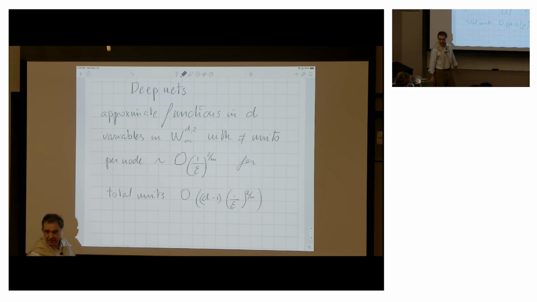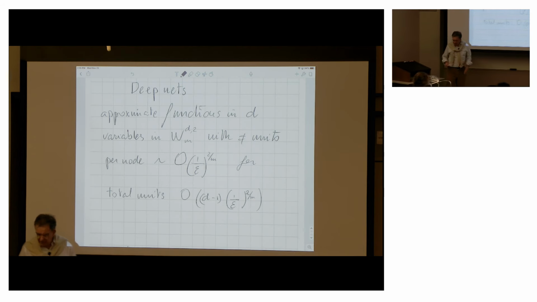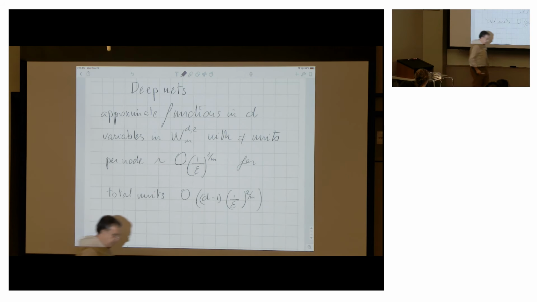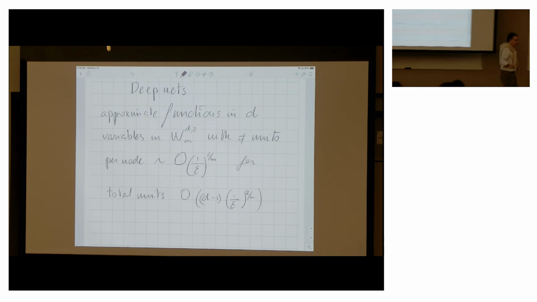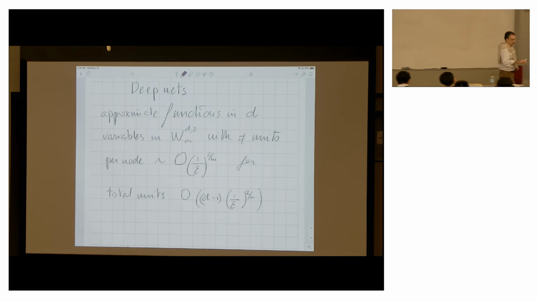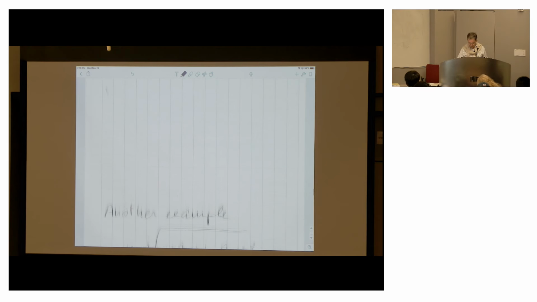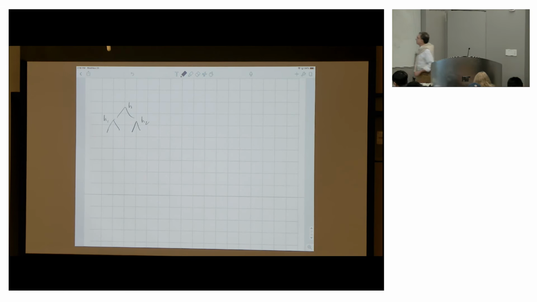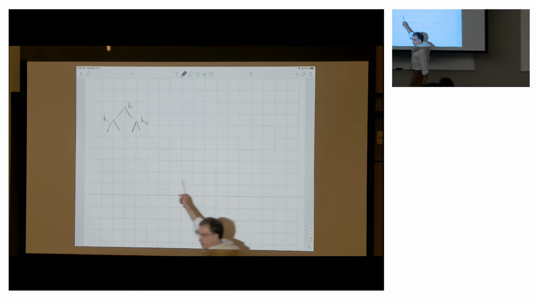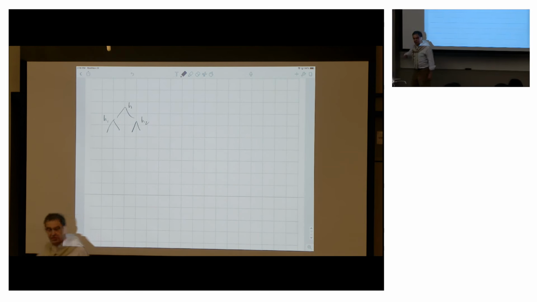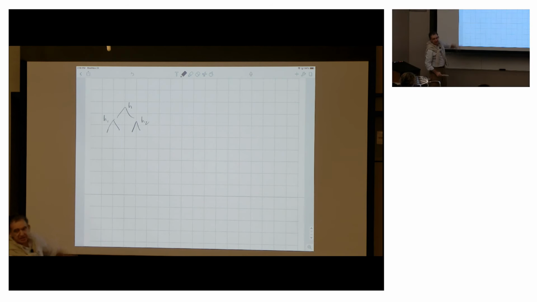And those are repeated in a convolutional network. And by the way, it's quite important that in the convolutional networks, you have not only this locality, but you also have weight sharing. Weight sharing means that H1 is equal to H2.